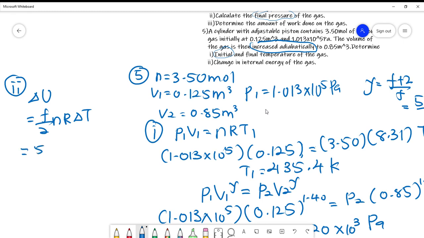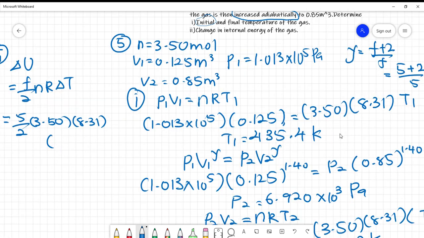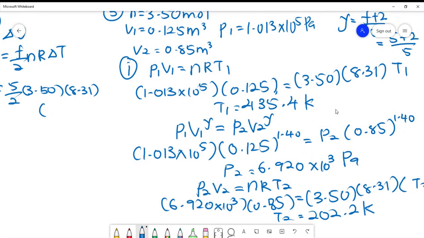So this is 5 over 2 times 3.5 times 8.31 times (T2 minus T1). My T2 is 202.2 minus 435.4.